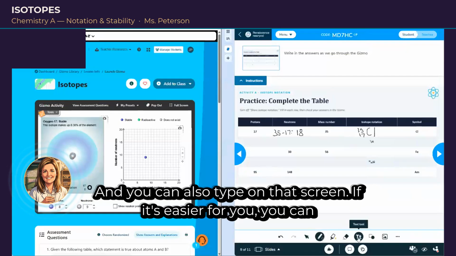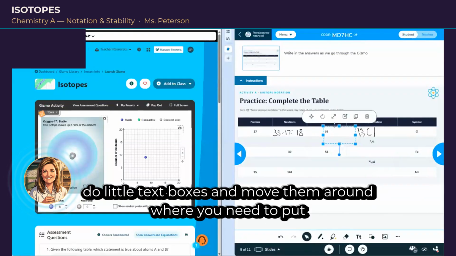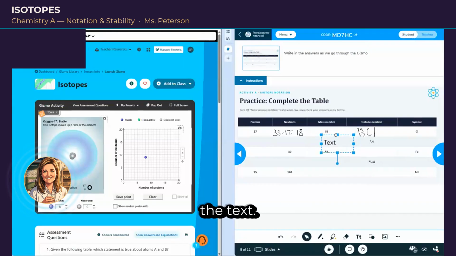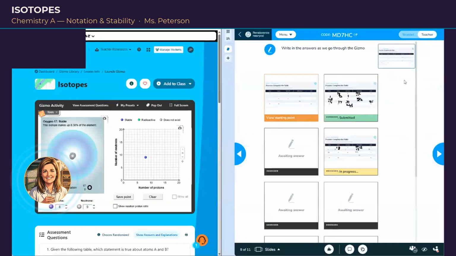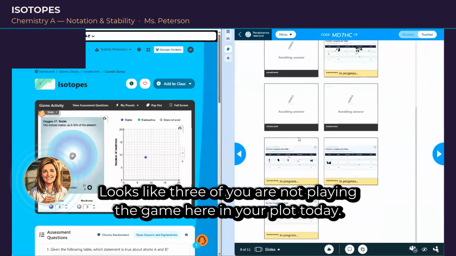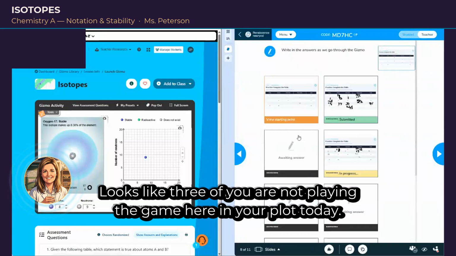If it's easier for you, you can do little text boxes and move them around where you need to put the text. Looks like 3 of you are not playing the game here in Nearpod today.